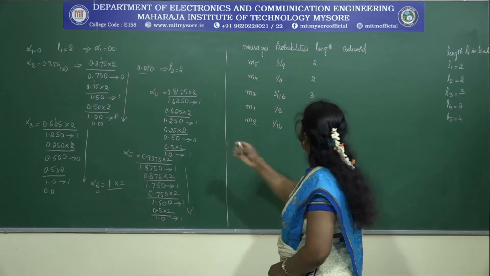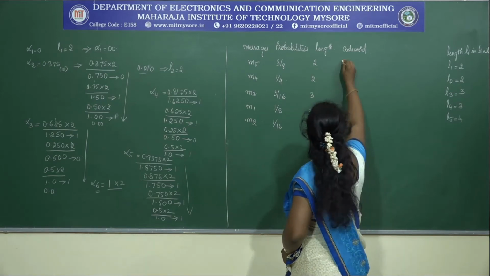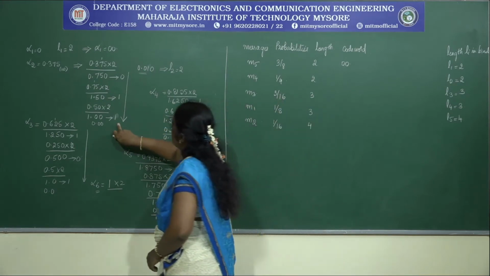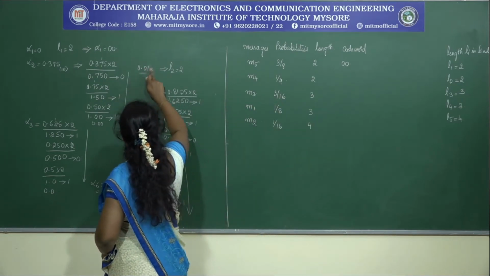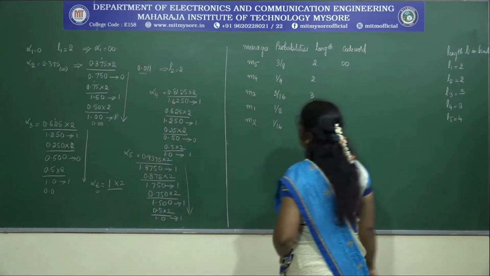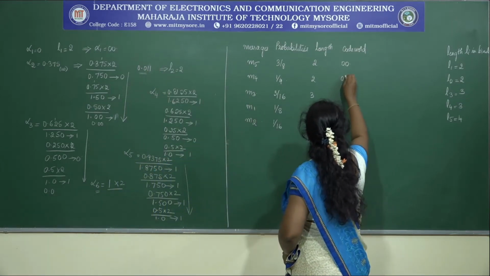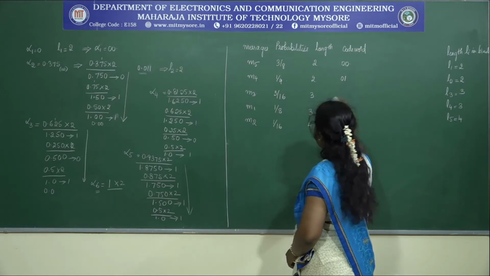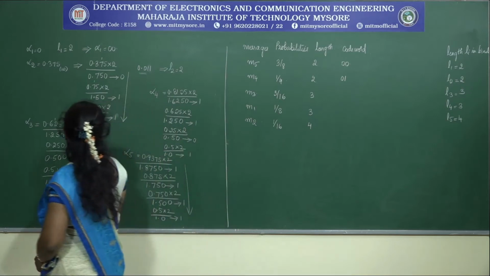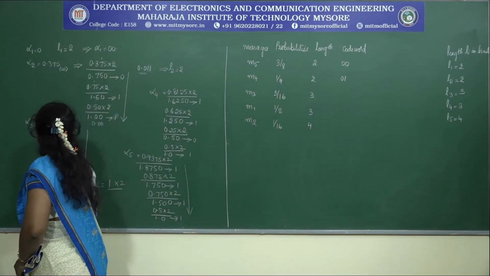So now we have calculated the code word. For L1 the length is 2, so the code word is 00. Then we have this one, 0.011. If you remove the decimal point, we get 01. Then we have alpha 3, whose value is 0.101.